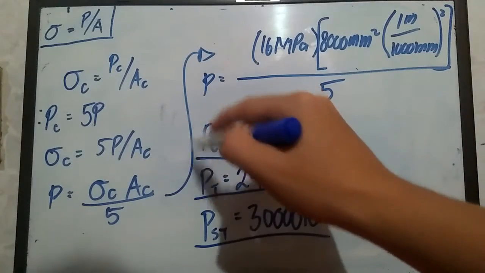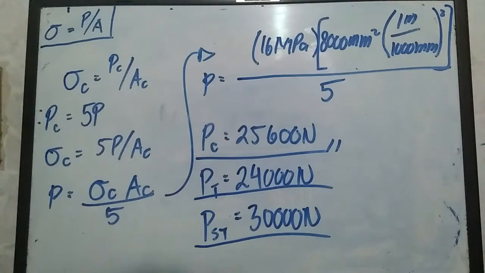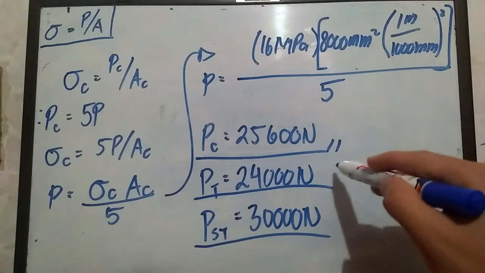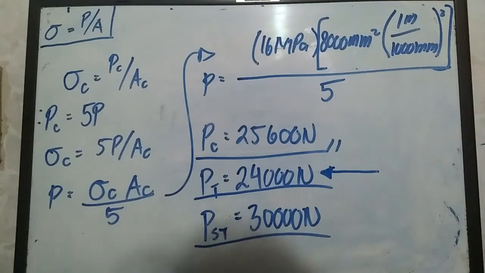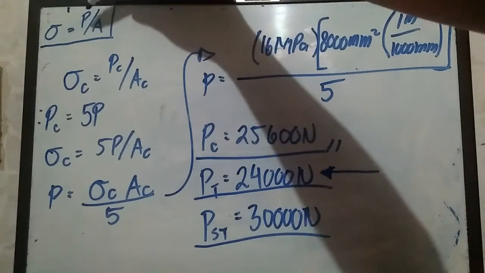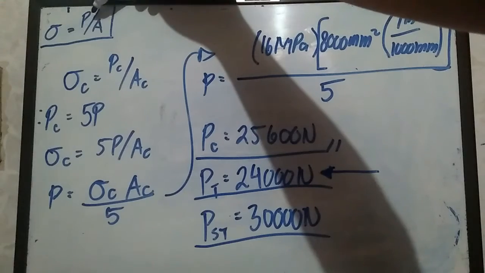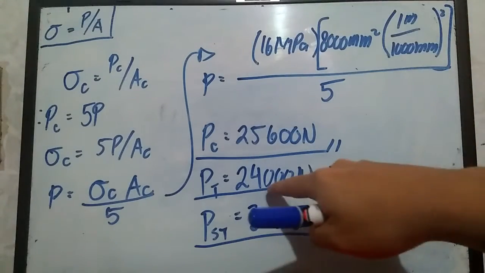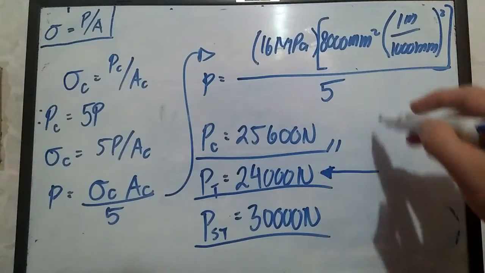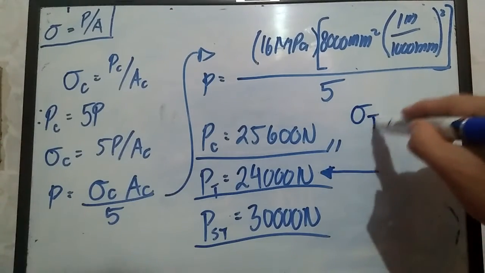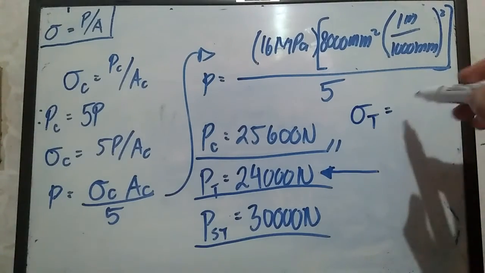Based on these three axial forces that we have, the maximum allowable load that can be applied on our structure is obviously this one. Don't forget that this timber has a maximum allowable stress equivalent to sigma sub t equal to 12 megapascals.